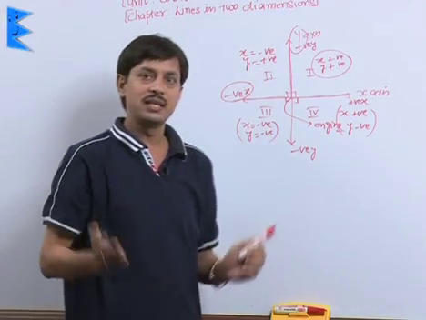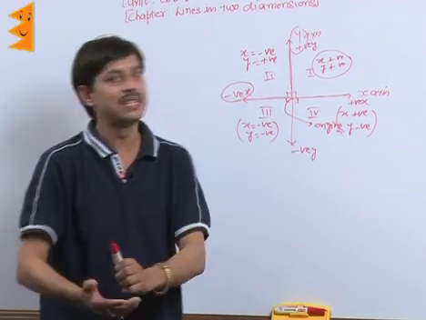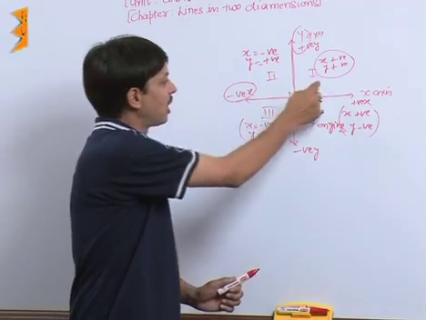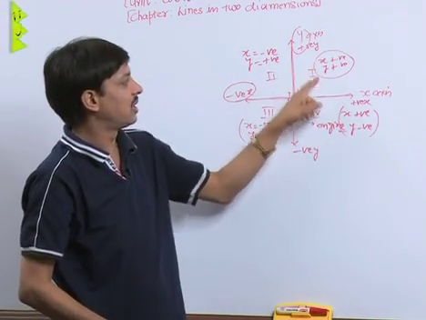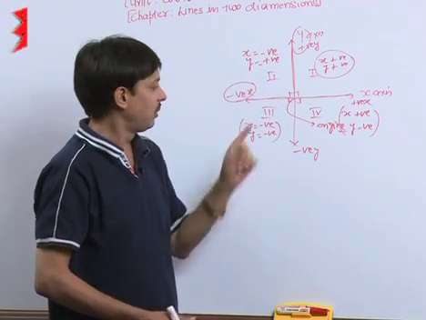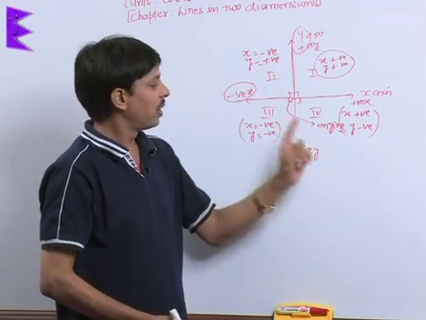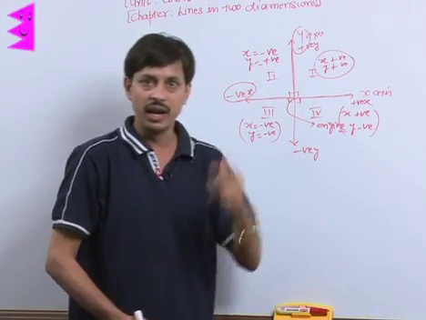Above the x-axis is positive of y, and below the x-axis is negative of y. These are four quadrants. First quadrant, in the combination of x and y both are positive. Second, x negative, y positive. Third, both are negative, and fourth is x positive, y negative.